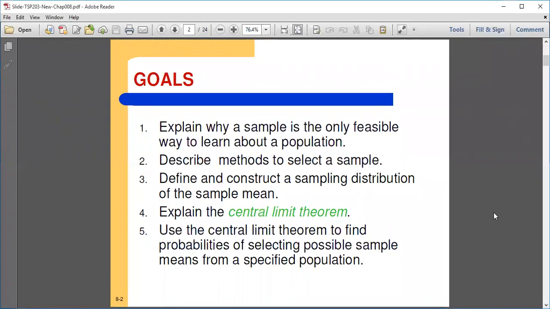A sample is basically a part of the population which represents the population and gives us some inference about the population. So these are the learning objectives we have for this chapter. We are going to explain why a sample is the only feasible way to learn about a population.